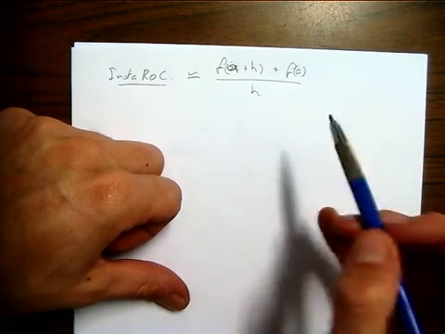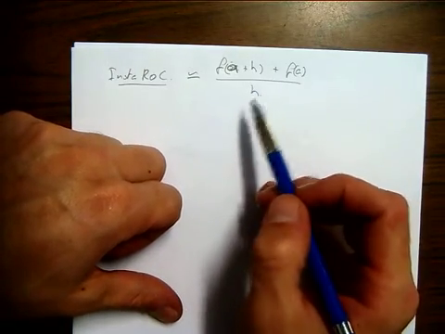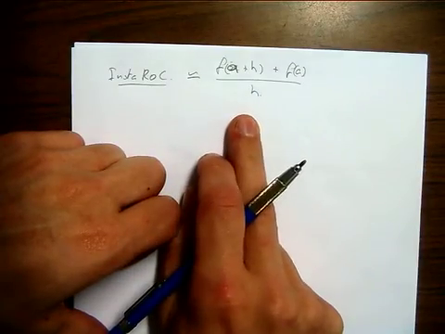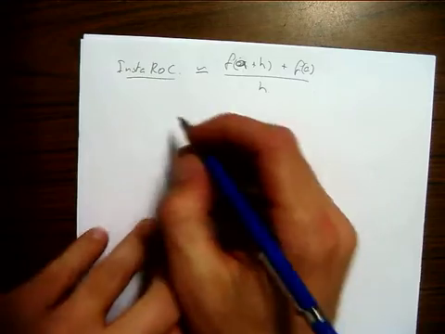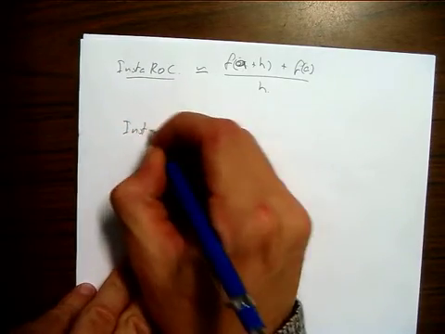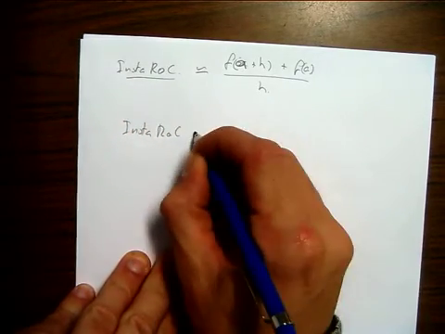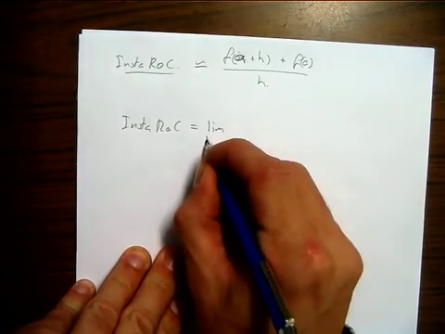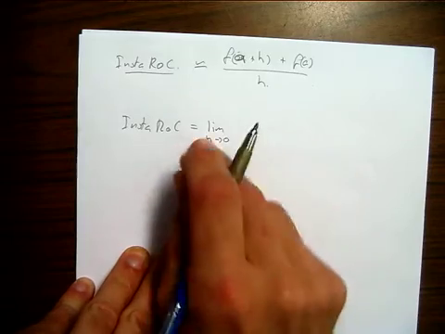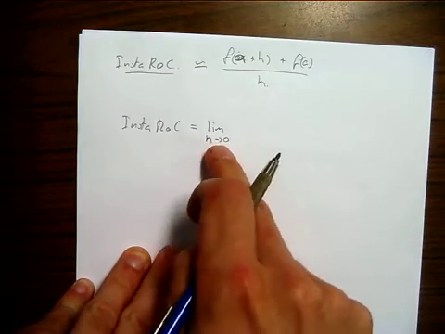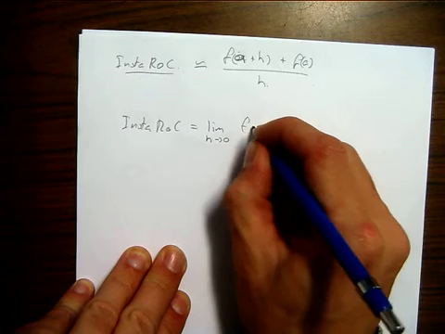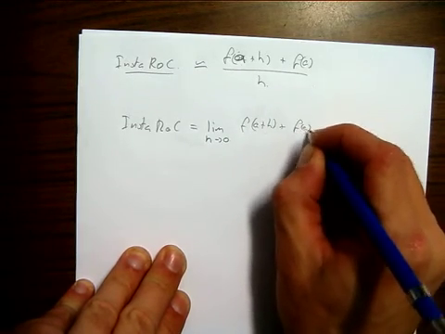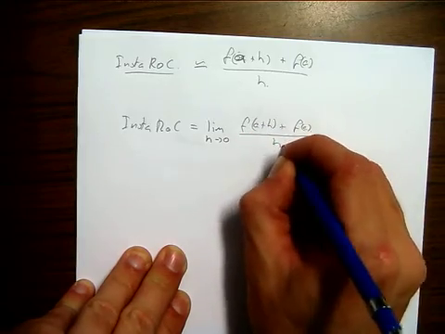What I can do with this then is say, well, what is the limit going to be as h approaches 0? So the way I write that is the instantaneous rate of change is equal to the limit as h approaches 0. So h is not equal to 0, but h will approach 0, of f of a plus h minus f of a over h.